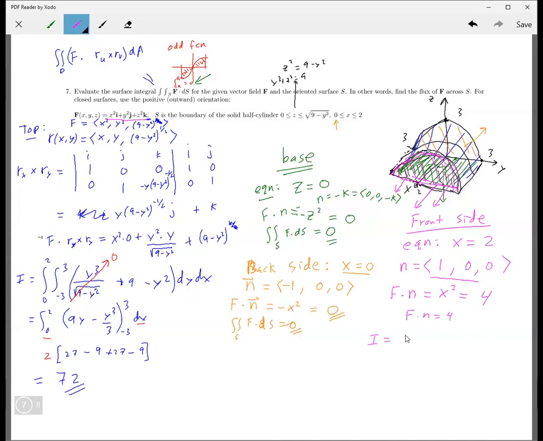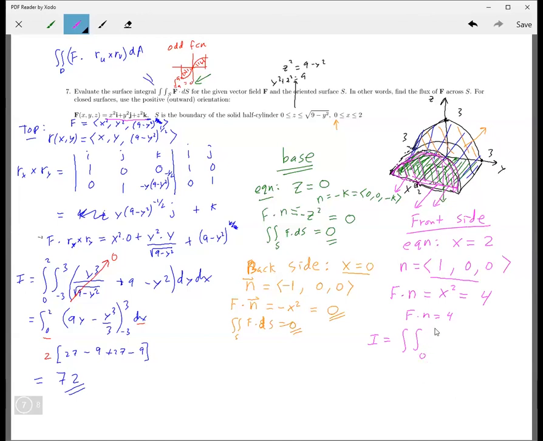So the integral, okay, now we're integrating over this pink surface area, but actually over the orange one, because we can project it down into the YZ plane. And then we can put it into polar coordinates.